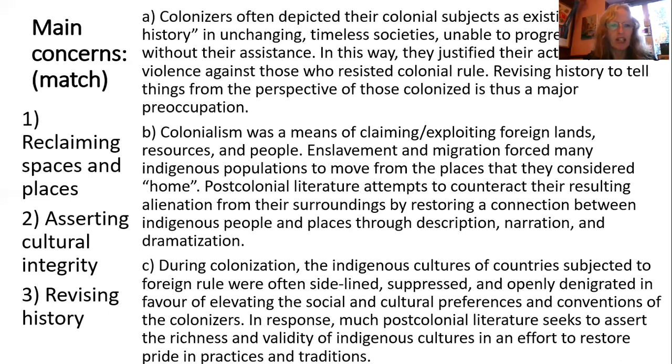Number 2, asserting cultural integrity, that is C, and it's the richness and validity of indigenous native cultures, and to restore this pride in your case, African practices and traditions. Number 3, revising history, that must be A, changing the history.